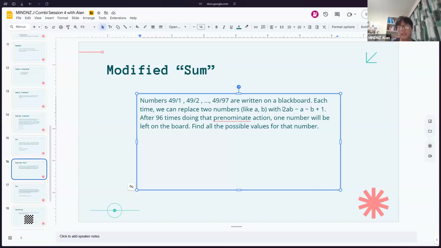So when we see these numbers where we replace two numbers with something involving a times b, then we probably need to look at the product, right?